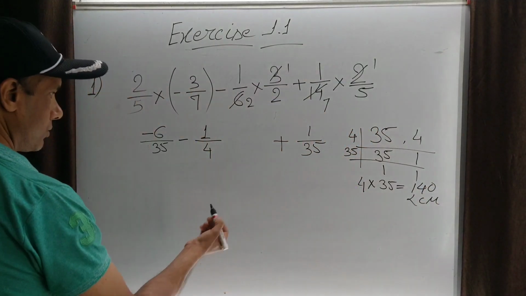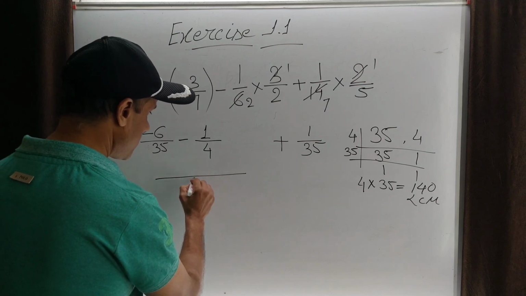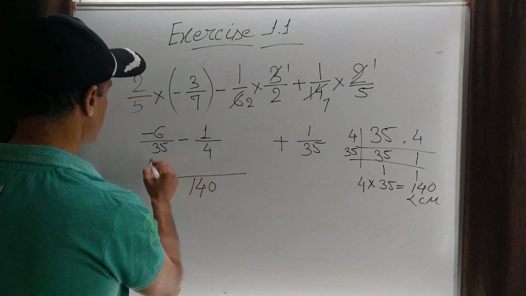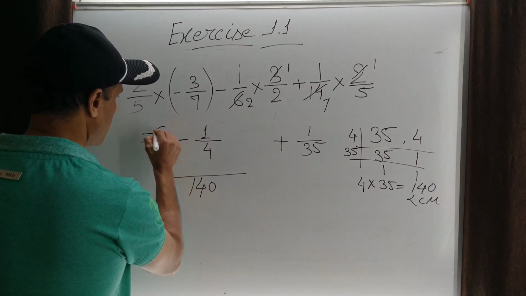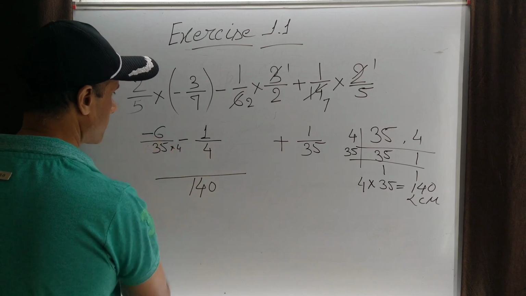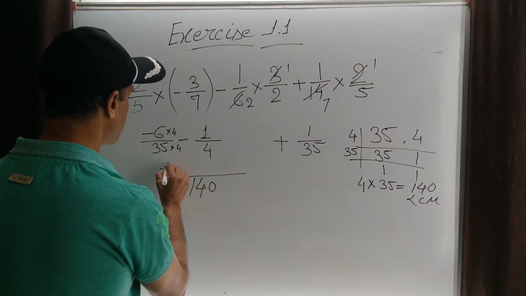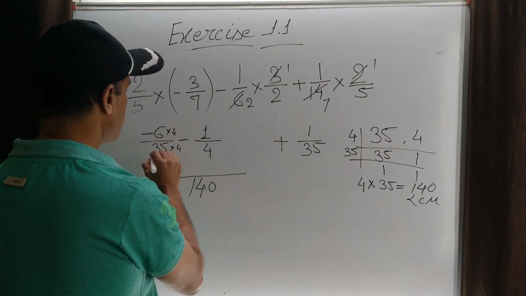So you have to achieve this LCM as the denominator. So 140. Correct. So how do you convert this? This becomes 35 into 4, and here also 4. So minus 24, 6 into 4, 24.